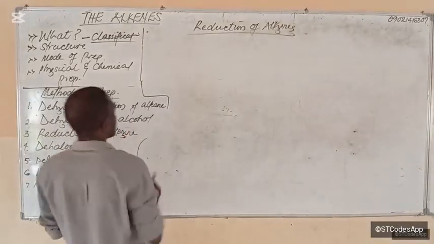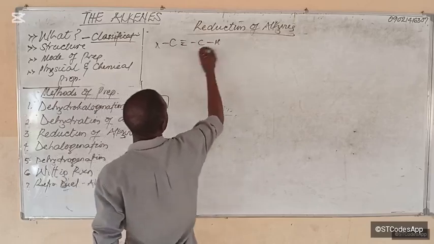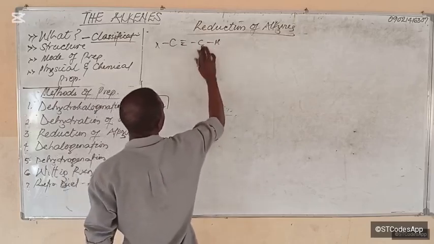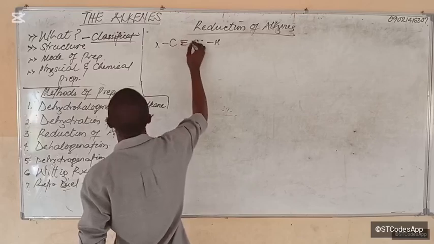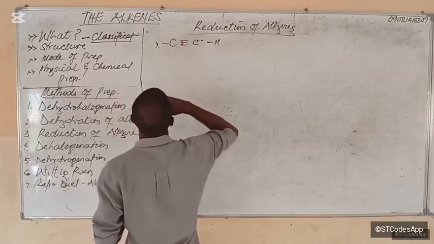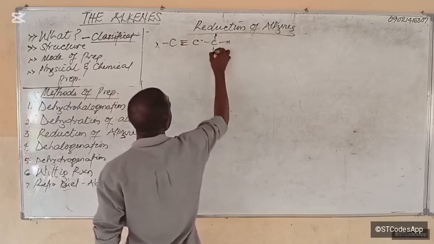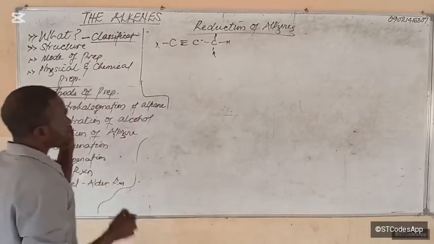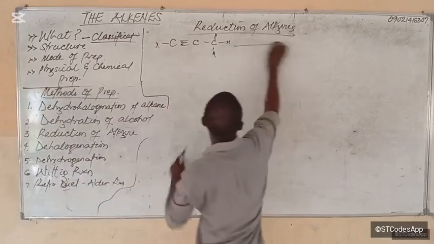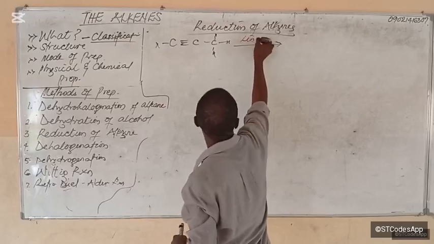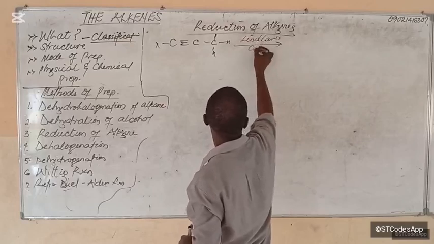It means that you know that our alkyne is triple bonded, right? All right, so when we reduce this, what will happen? It will undergo partial reduction. Now, it doesn't just occur, it occurs in the presence of Lindlar's catalyst.